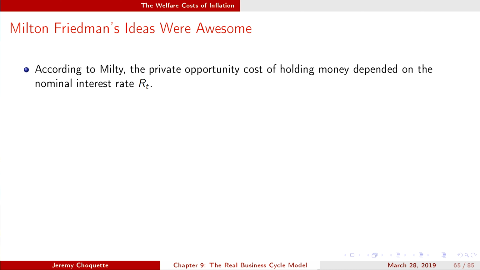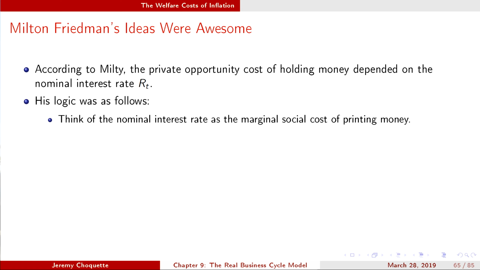Now, according to Milton Friedman, the private opportunity cost of holding money depends on the nominal interest rate, R. His logic was this. The nominal interest rate is the opportunity cost of holding idle cash, holding money.